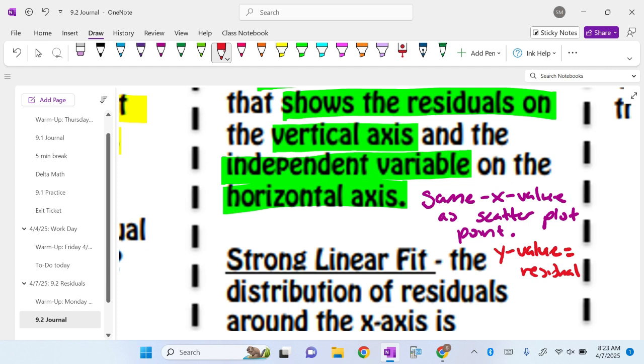Now, what we learn from residual plots comes in handy a lot when we're talking about whether a linear regression is a strong fit or not. A residual plot can show us whether it's a strong fit or not. And the way we can tell depends on how close to the x-axis it is, how together all the points are.